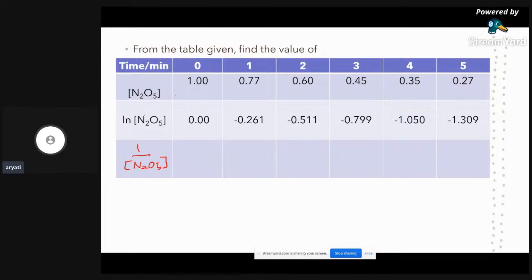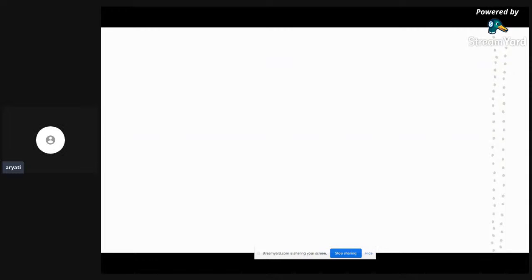Ln 1 is 0, so we will get 0. Ln 0.77, we will get negative 0.261. Ln 0.6 is negative 0.511, and so on. Okay, after you get the data, you will plot a graph.